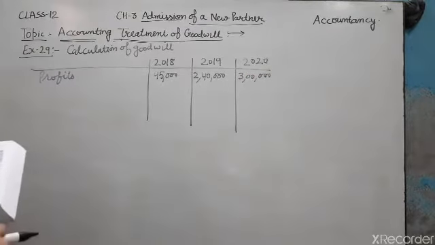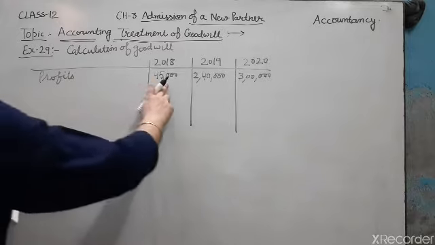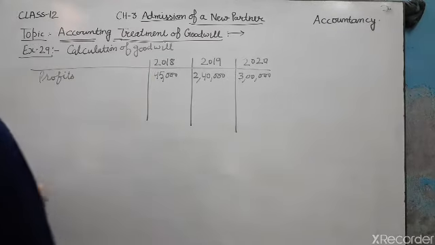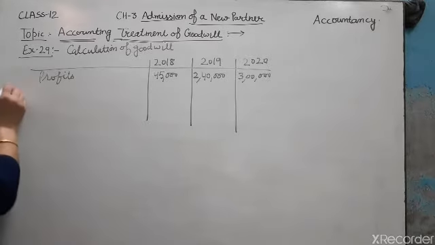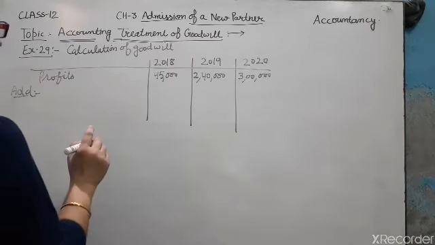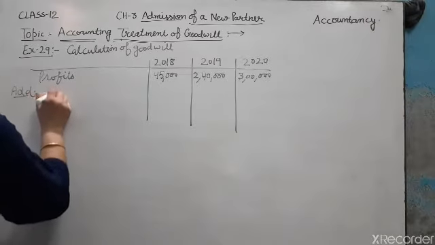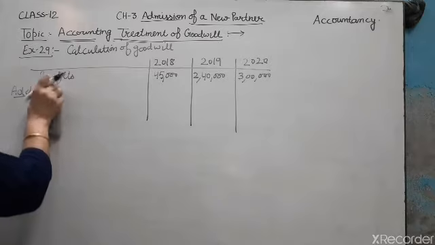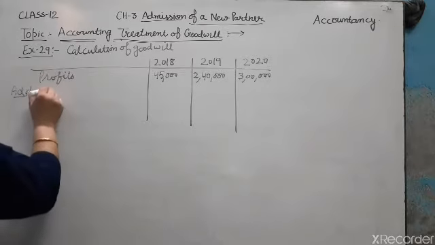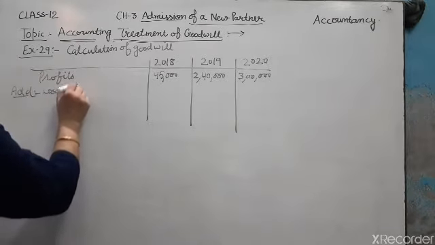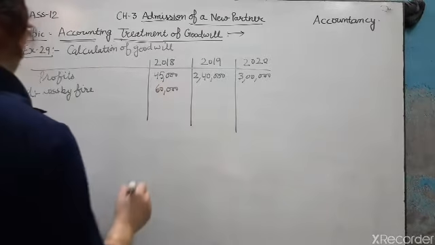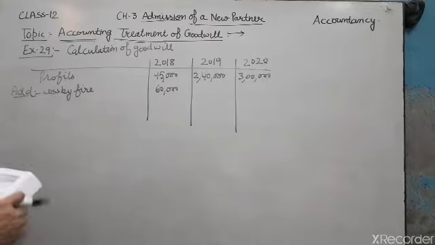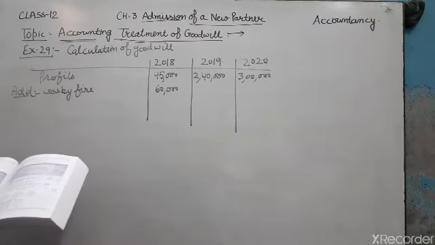And the 2018 profit is given after charging loss by fire. So it is an abnormal loss and we add it to the 2018 profit. Loss by fire, rupees 60,000. And the second adjustment is given on 1st January 2020.